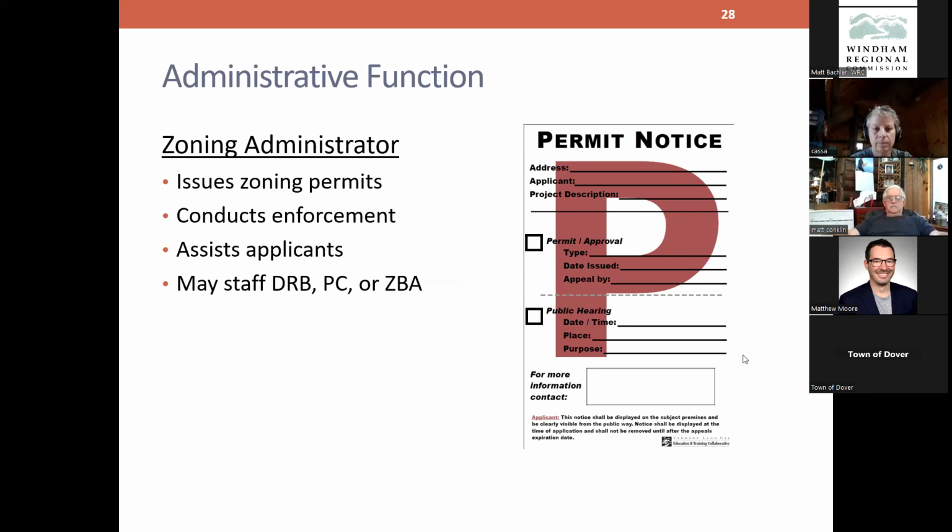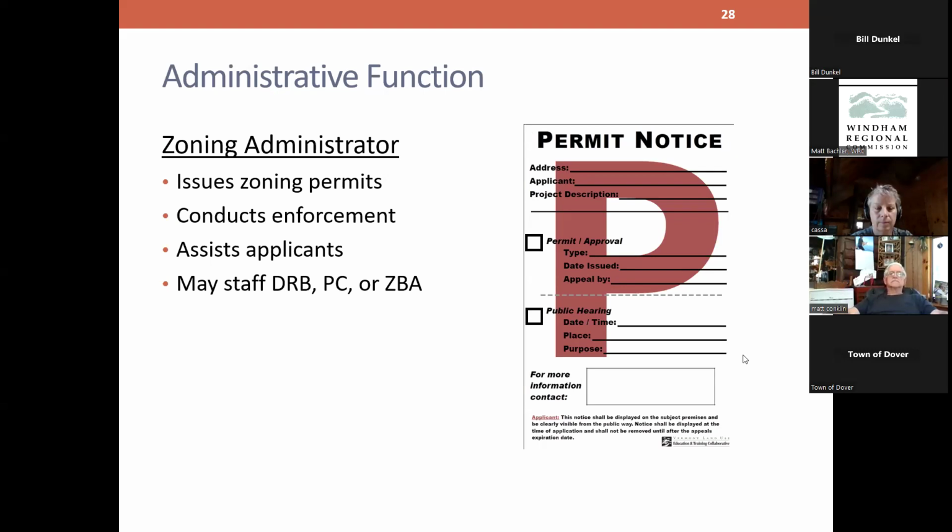Zoning administrators can conduct enforcement, and they also assist applicants with the permitting and development process. And depending on how the town is set up, they may provide staff support and assistance to a DRB, planning commission, or ZBA.